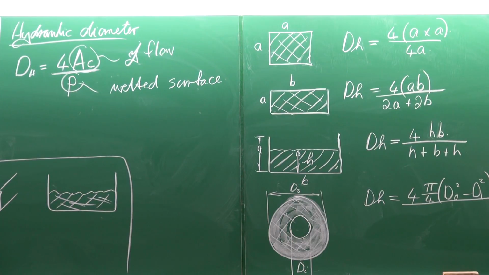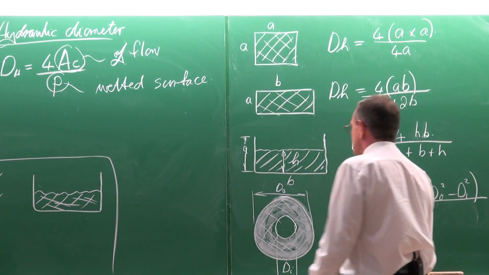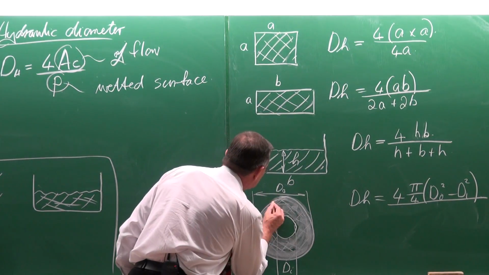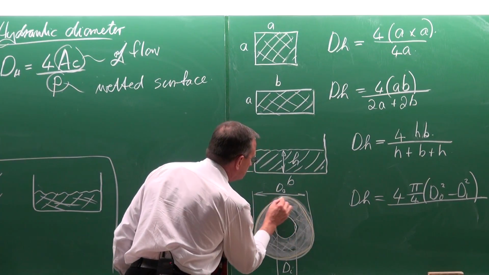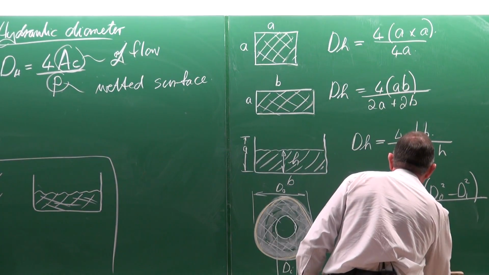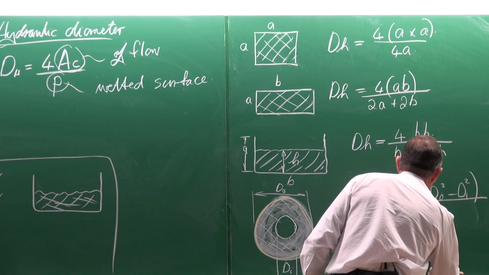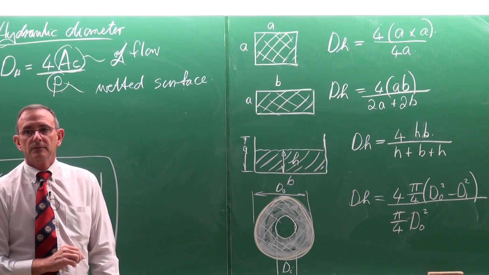Now, divided by the wetted surface. The wetted surface is going to be firstly this surface here on the inside, which is going to be pi divided by 4 d0 square.